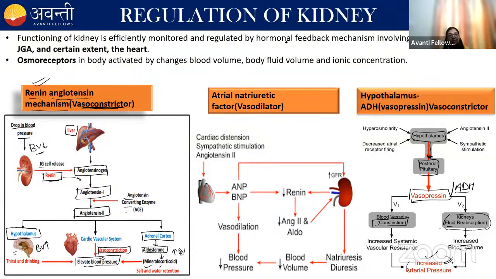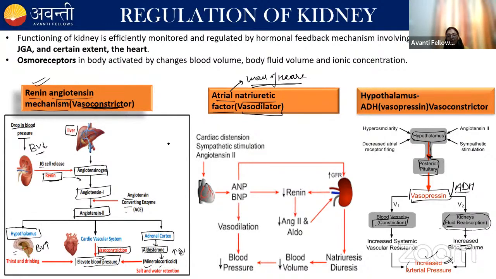Now we have to regulate this blood pressure. So there's another hormone which is released, the atrial natriuretic hormone. This hormone is released by the walls of the heart. The wall of the heart releases this atrial natriuretic factor, which is a vasodilator.